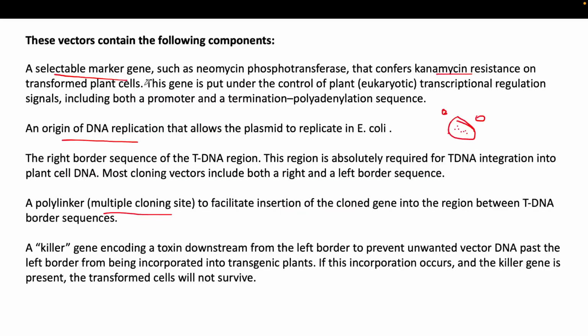Here are the selectable marker gene and one origin of replication, then the right border sequence and one multiple cloning site. I forgot to mention one very important thing: the virulence gene is also responsible when you are using this plasmid as a vector system, because the virulence gene has the capacity to transfer this T-DNA region from one cell to another cell.